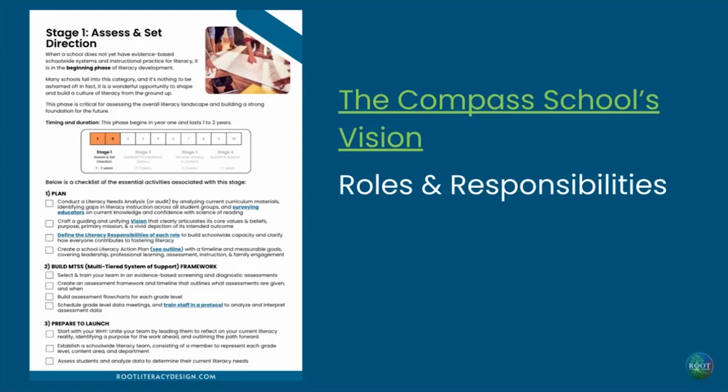And then you move into building MTSS. You have to make sure that you have evidence-based screeners and diagnostic assessments because, as we discussed earlier, you don't know what's going on with the children and why they can't read if you do not administer diagnostics and figure out the causes of that. You need an assessment framework for your school that outlines all of the assessments and when they're given at which grade levels, and also flow charts for each grade.